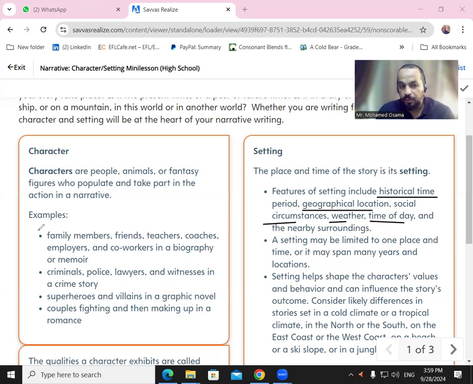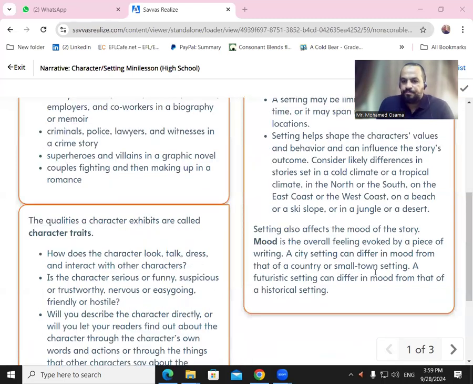The importance of setting in a story is that it depicts or conveys the mood. For example, in our story, The Fall of the House of Usher, which we will study, you will find that the setting affects the mood of the story.